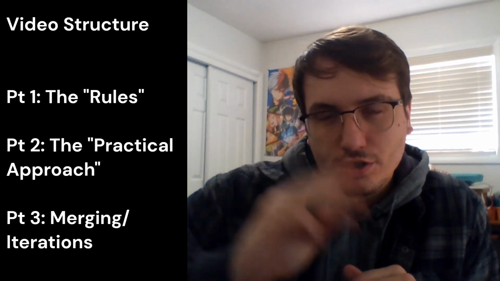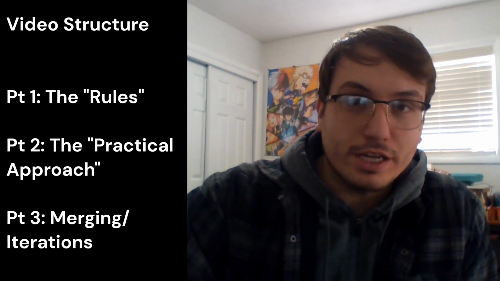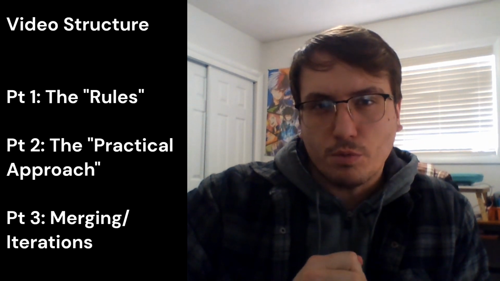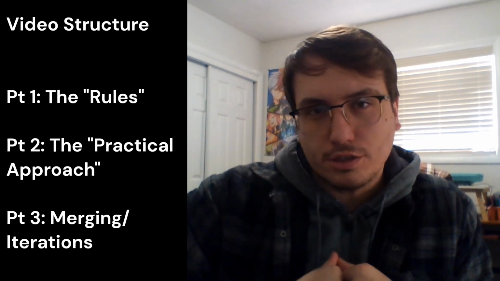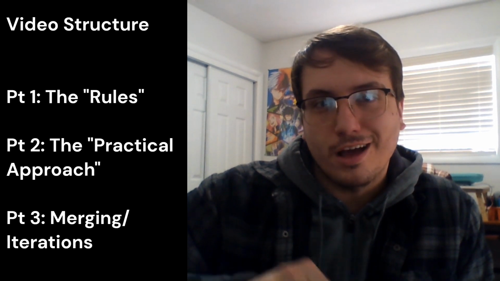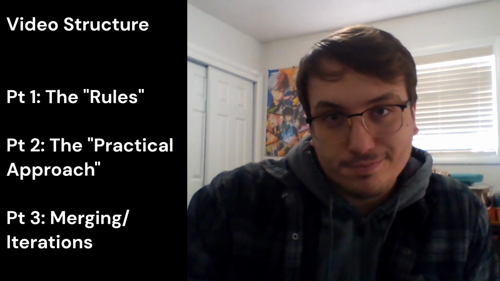And then the third section of this video, I'm going to be showing you some examples of iterations of characters that I've gone through. So this is the merging/iterations part, where we're going to be merging the rules and our practical approach, and we're going to be going through iterations so we can clean up our characters and get them looking super crisp and ready for our projects.